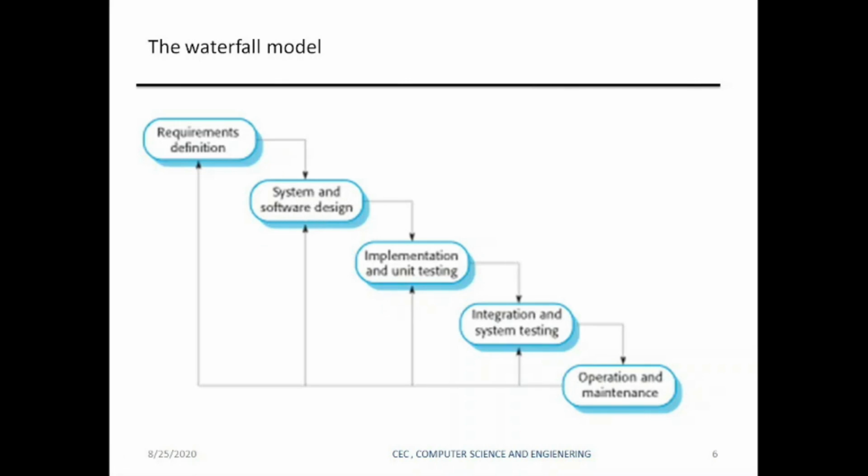That means what hardware is required, and for software design, which tools are applicable. All those things are taken care of in this second stage team. At each stage the document is produced. The first team documents the requirements of the customer. The second team documents the system and software design: what software and hardware are required for the development of the product. It is then passed on to the next team, implementation and unit testing.